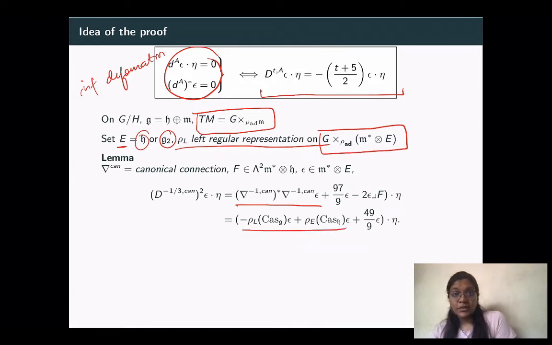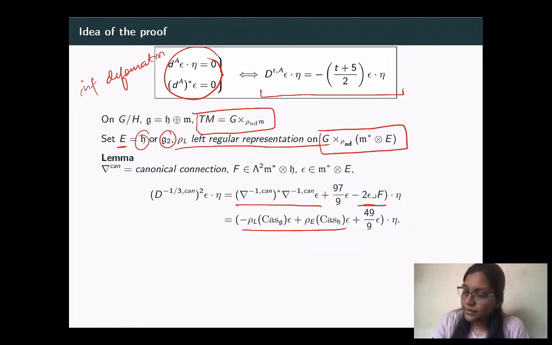So we take the rough Laplacian, and since F is also the curvature of the characteristic homogeneous connection, which is also well known, for the 2 terms that I have underlined in the first line, if we merge them and write everything in terms of the Casimir, at the end we get this.